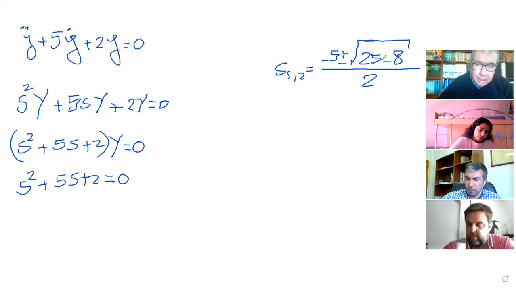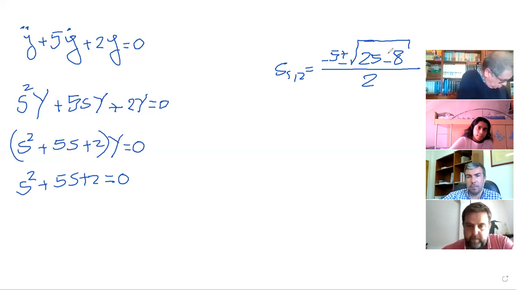And the square root of 25 minus 8 is something that we can compute.